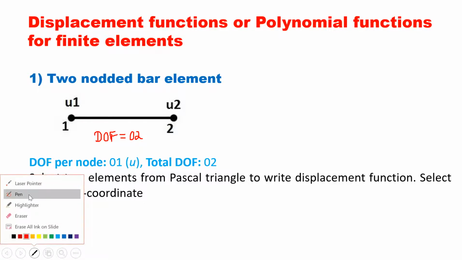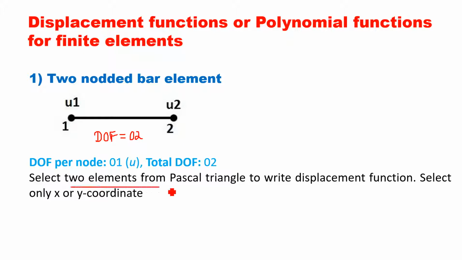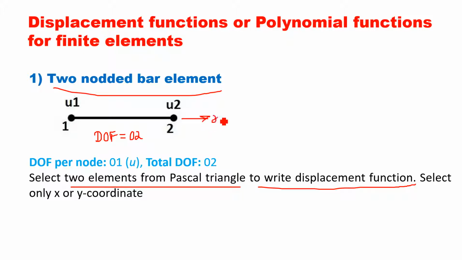So we have to select 2 elements from Pascal triangle to write down the displacement function for 2-noded bar element. Now since bar element is a one-dimensional element, if it is a horizontal bar element it represents only x direction, or sometimes if bar element is vertical, it represents only y direction, right?